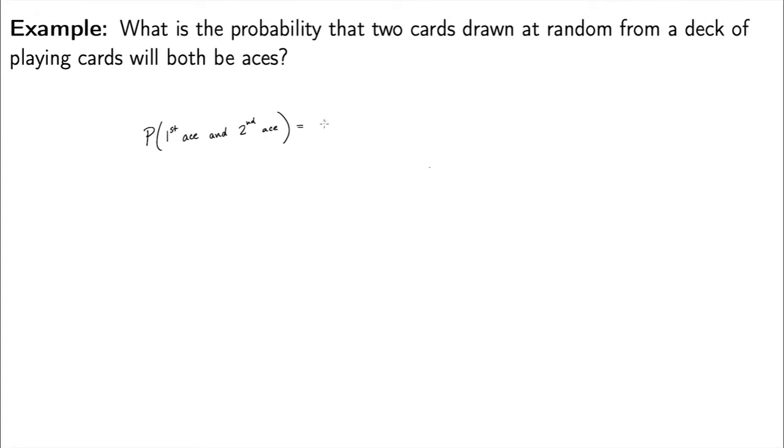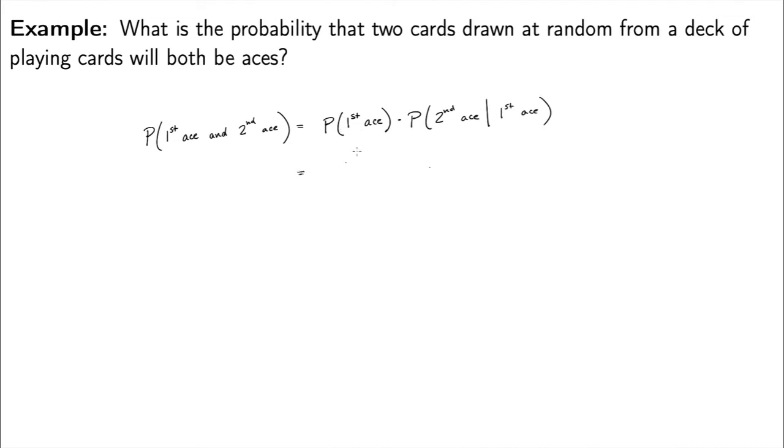And so we can write this as saying, I need to take the probability that my first card is an ace, and then multiply by the probability that the second is an ace, given that the first was an ace. That's the way this works.